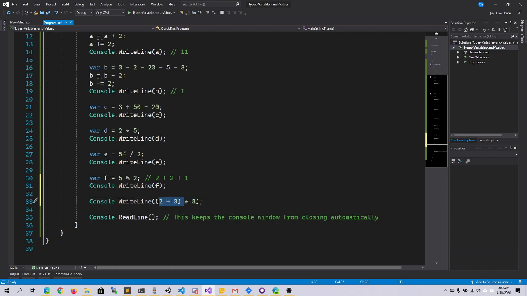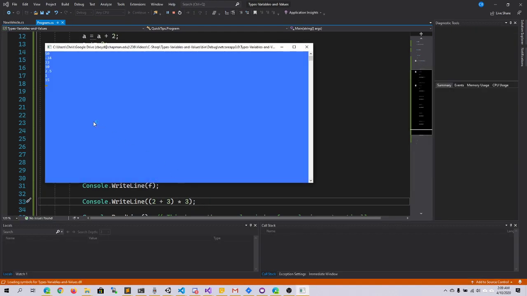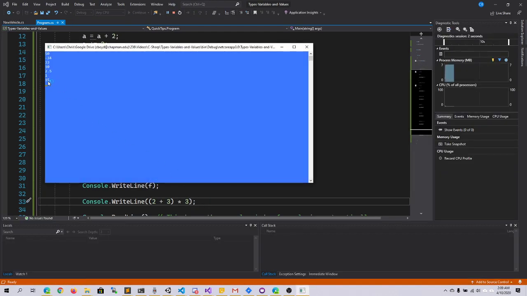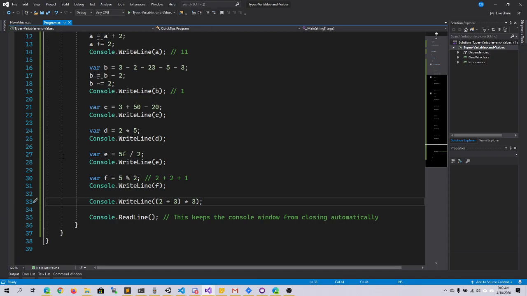However, these two are grouped in parentheses, which means it should do 2 plus 3, which gives us 5, multiplied by 3. So we should have a result of 15. If we go ahead and run this, you'll see the result is 15. And that's just showing you that the order of operations does hold true even in programming.